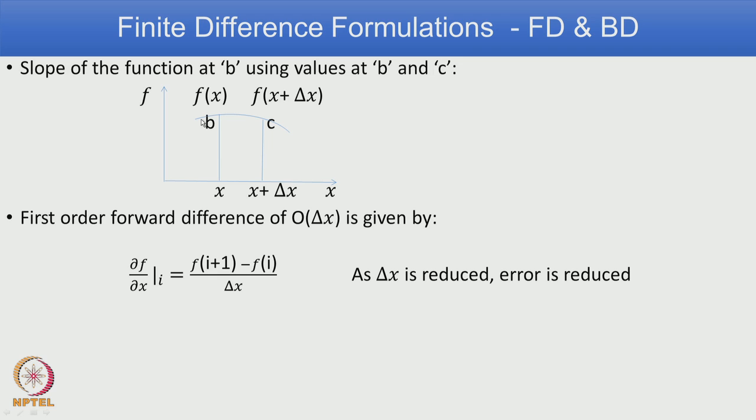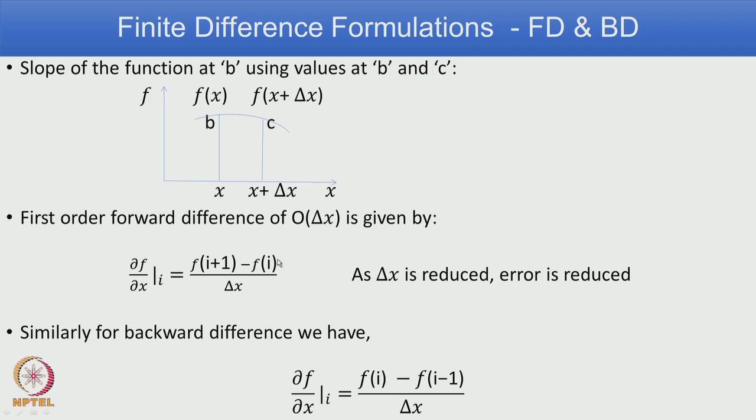Graphically it is shown here, f on the y axis, x on the x axis, and dou f by dou x is evaluated at point B for the function that is represented here.